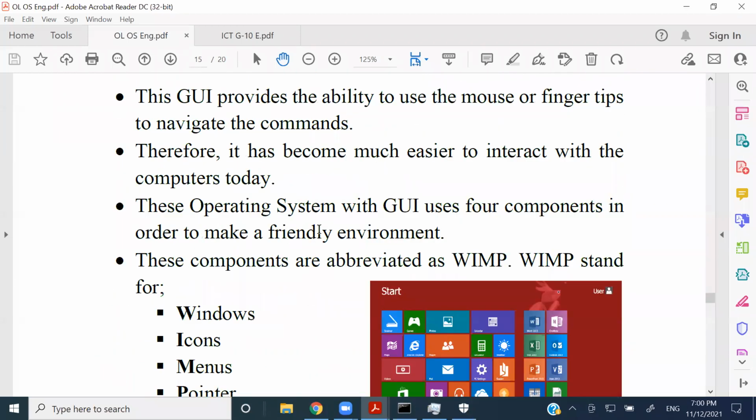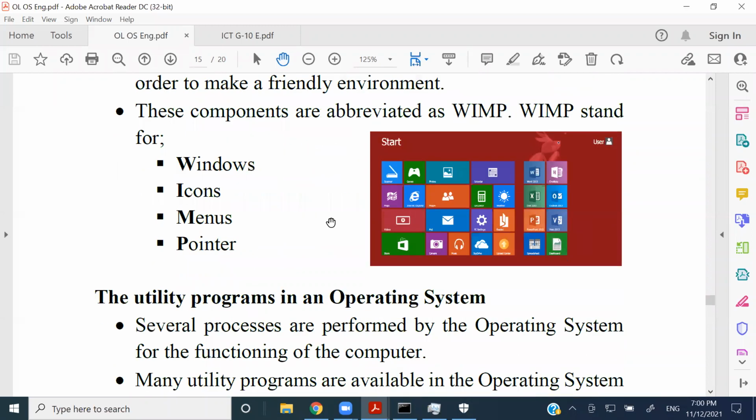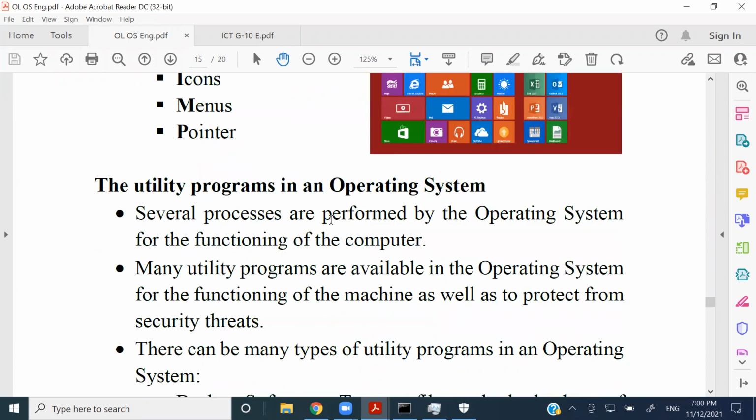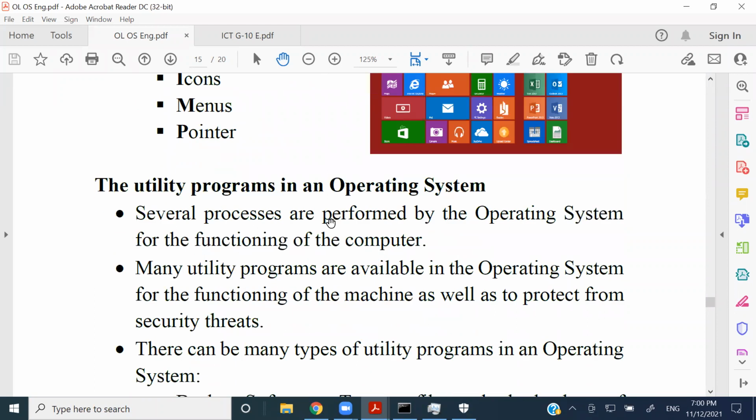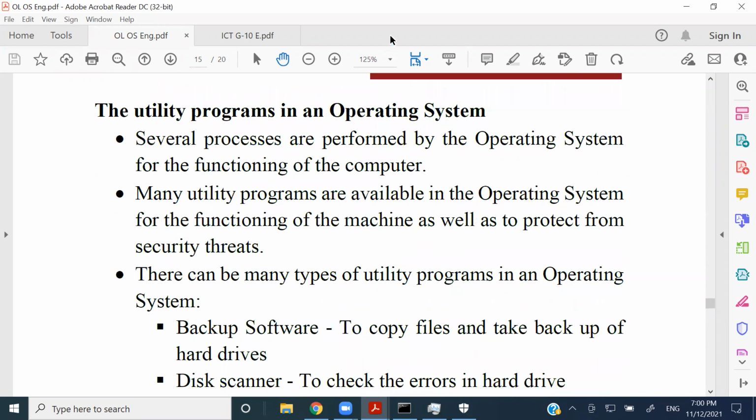Okay, so after that, we have to talk about the utility programs in an operating system. Before I go to that one, do you have any questions to be asked, or is it clear for everyone? Can I have the confirmation?